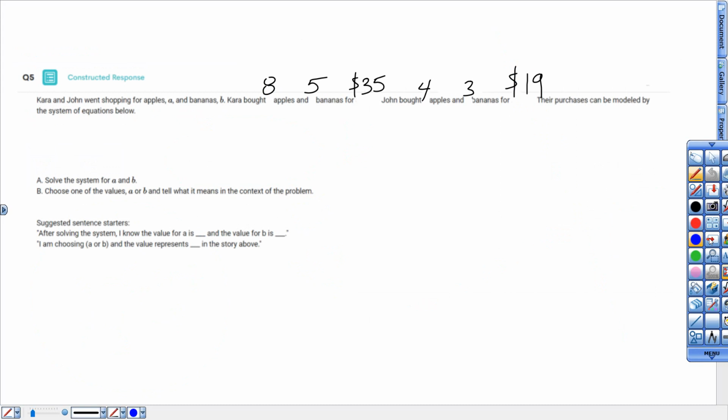Number 5, for this one, all you're doing is writing and solving. So here we go. First one, 8.